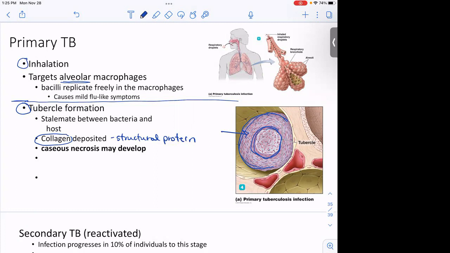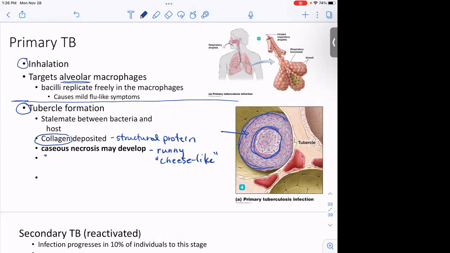Necrosis just means death of tissues. But this caseous necrosis is kind of where the inside of the tubercle gets sort of runny. Caseous means cheese-like. Okay, so sometimes that happens.